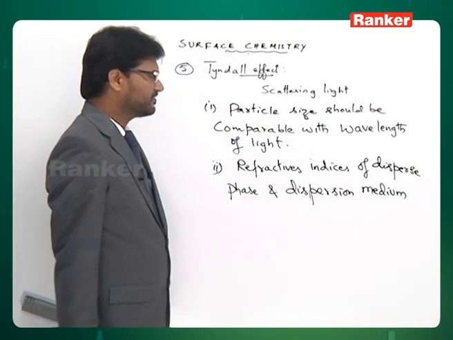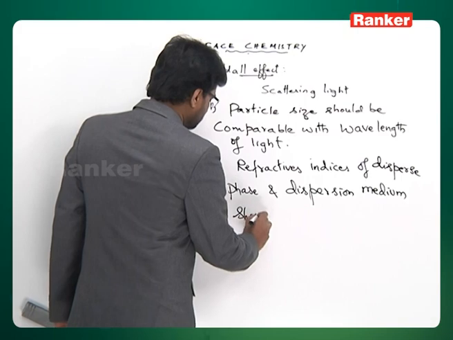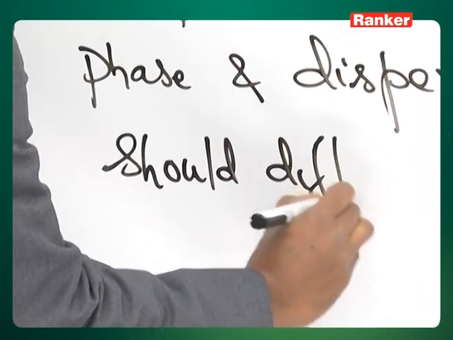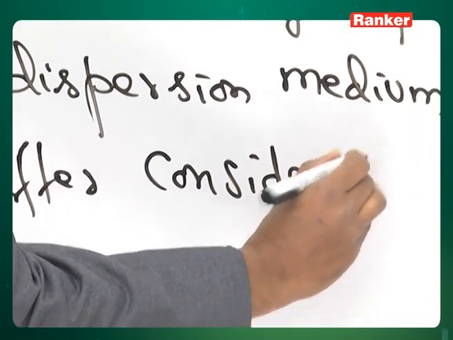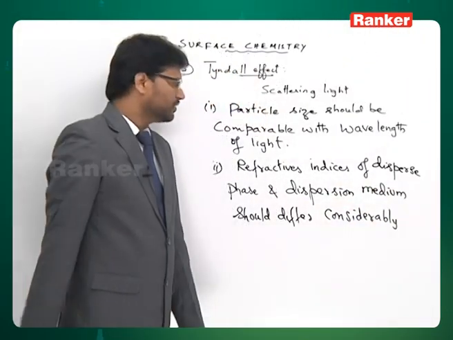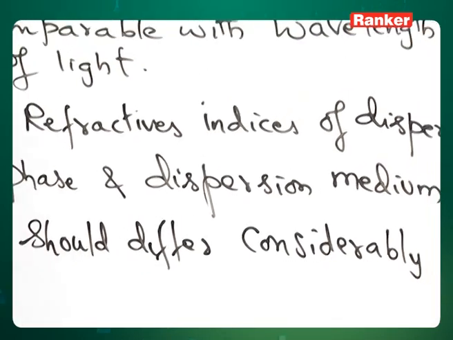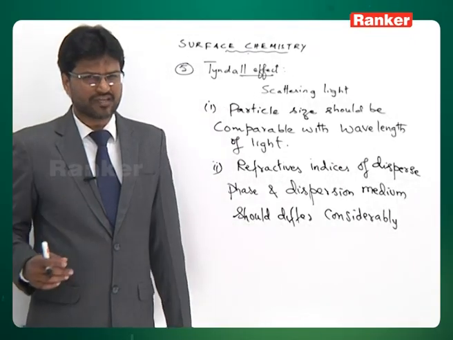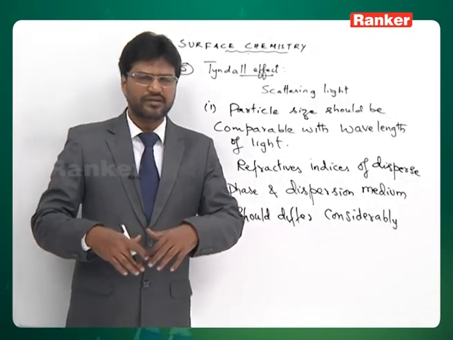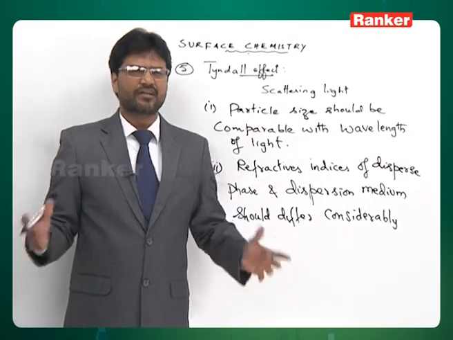The refractive indices of disperse phase and dispersion medium should differ considerably. These are the two conditions which must be satisfied for a colloidal solution to exhibit Tyndall effect. So due to Tyndall effect, the light gets scattered, and the blue color of the sky is due to Tyndall effect. The blue light of visible light will get scattered and you see the blue sky.